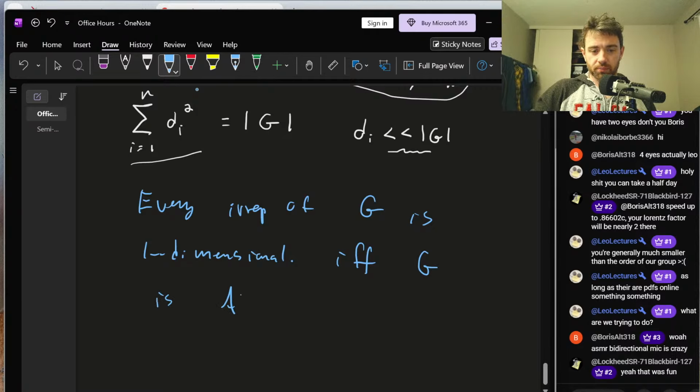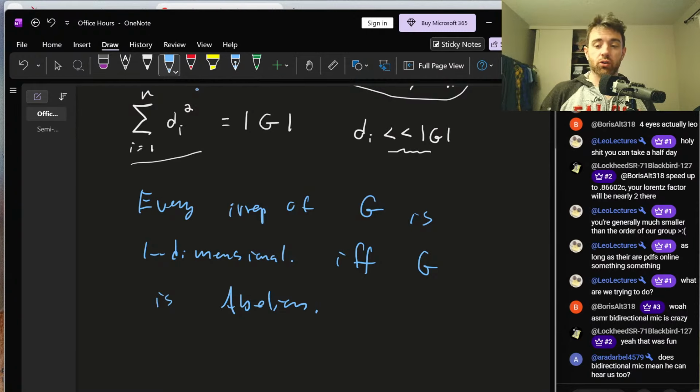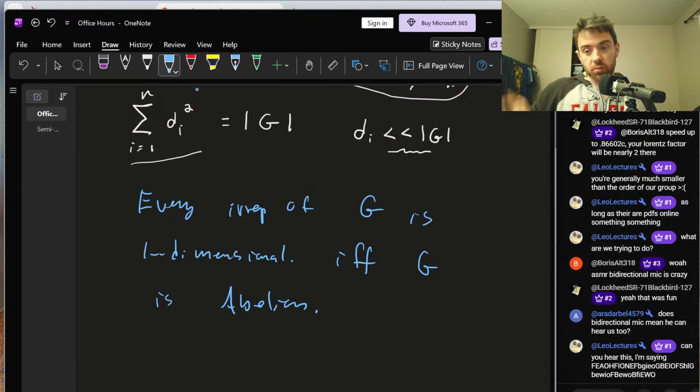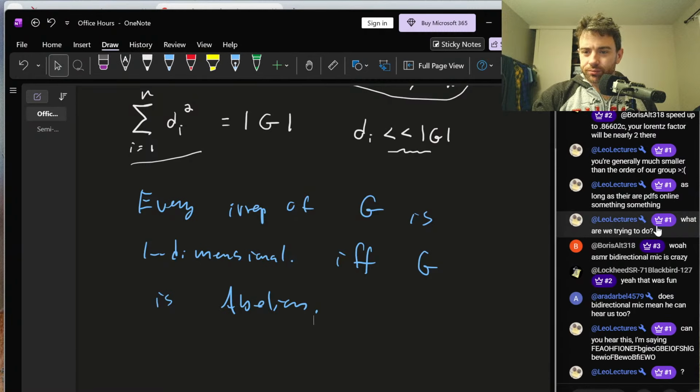Which is to say, conversely, if you had a group and you didn't know if that group was abelian or not, and you found an irreducible two-dimensional representation, then you know that that group could not have been abelian.